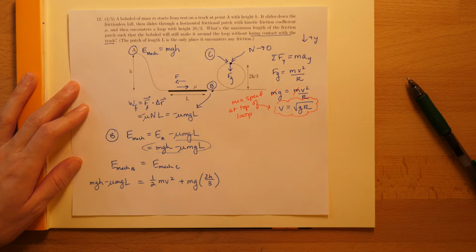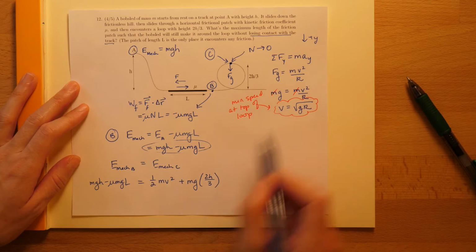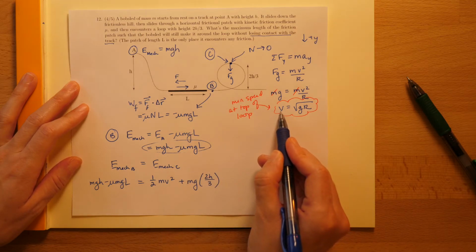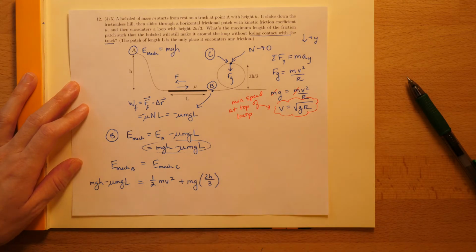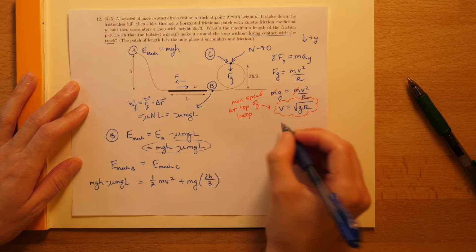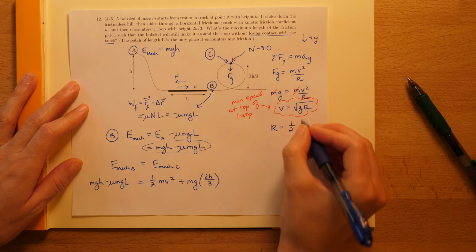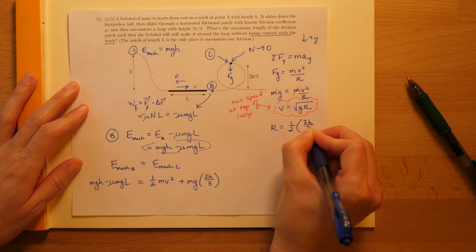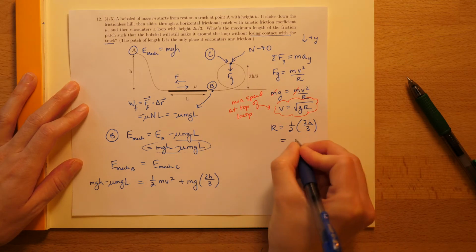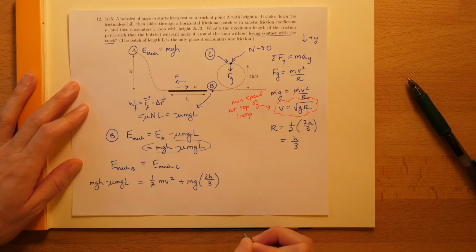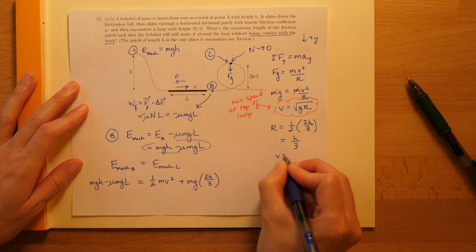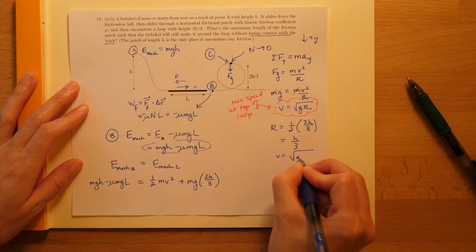Okay, great. So all we have to do now is substitute this v in here. And what is r? r is 1/2 of this height, so that is h over 3. So v is the square root of g times h over 3.